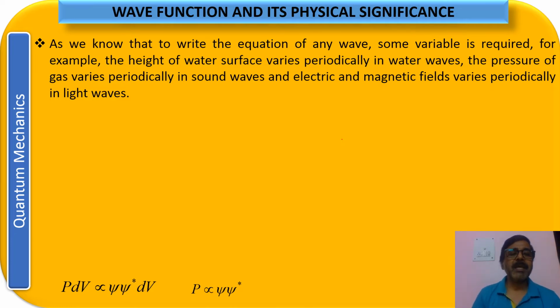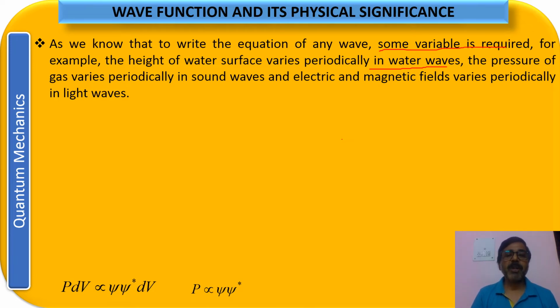As we know, to write the equation of any wave, some variable is required, right? So what is the variable in case of the electromagnetic wave? The electric vector and magnetic vector are the two variables required to represent electromagnetic waves. For example, the height of the water surface varies vertically in water waves. So if you are taking water waves, what is the variable? The height of the water, the ripples, which go up and down.